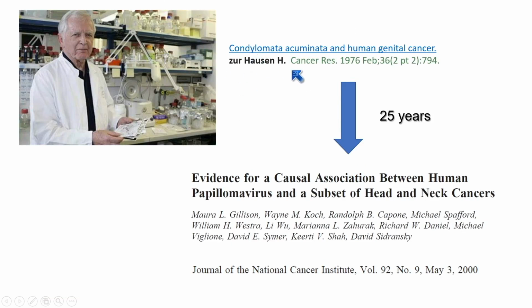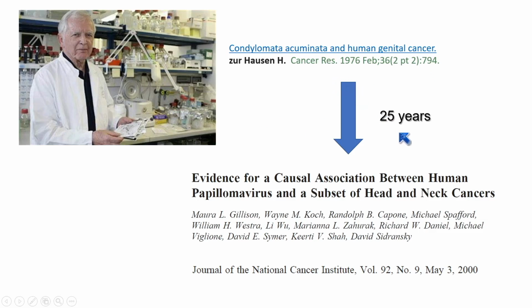Dr. Harald zur Hausen was the professor who, together with his team, really was the first to describe this association between human papillomavirus and cancer. I mean, who knew that a viral infection could result in cancer? Back in 1976, he published a seminal paper on condyloma acuminata and human genital cancer.